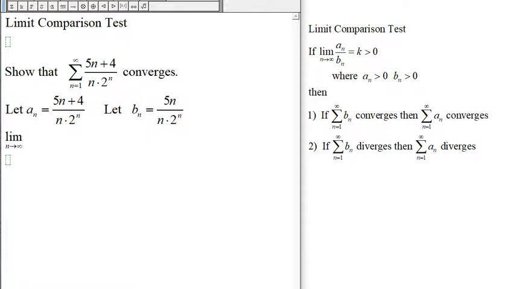And so we need to show that the limit of a sub n divided by b sub n, and the difference here is just the 4.